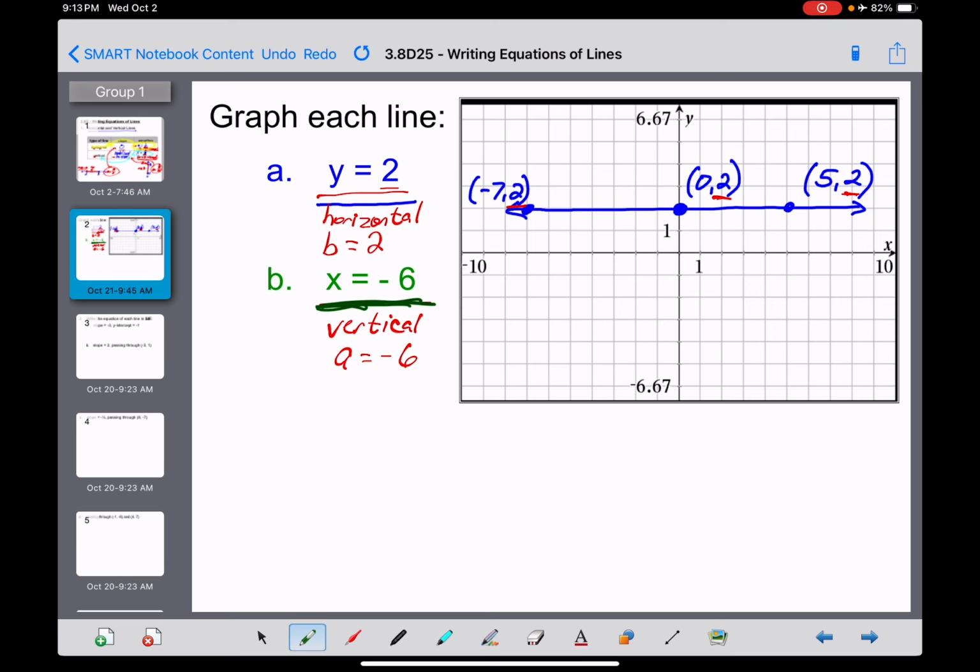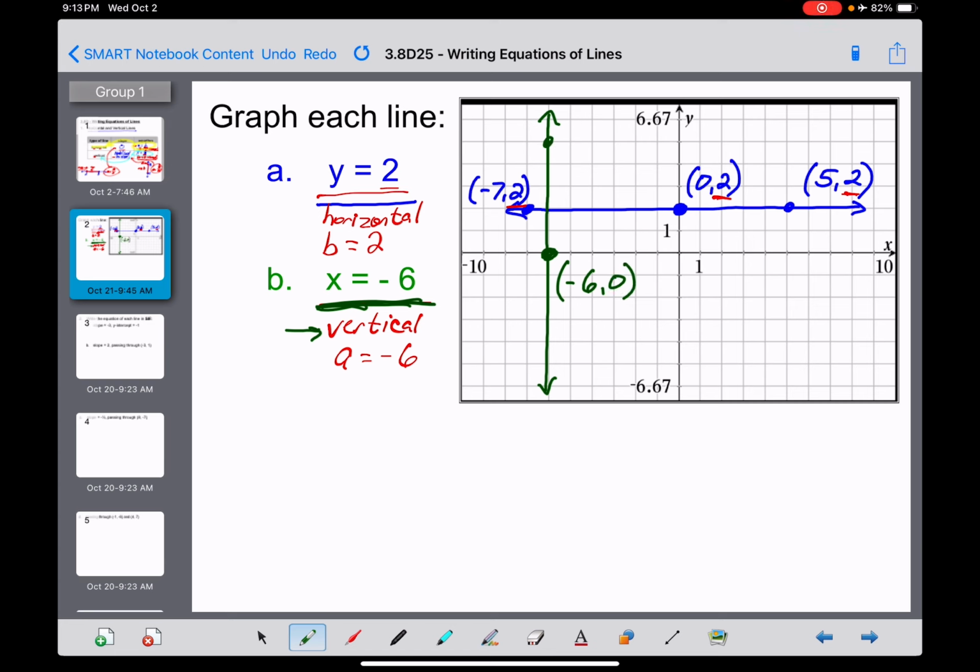So from the origin, I'm going to go 6 units to the left, which I believe is going to get me right here. And now I'm going to draw the one and only vertical line that passes through that point. And so the graph of x equals -6 is going to look like this. And if I were to just name a couple of points on that line, that was (-6, 0).